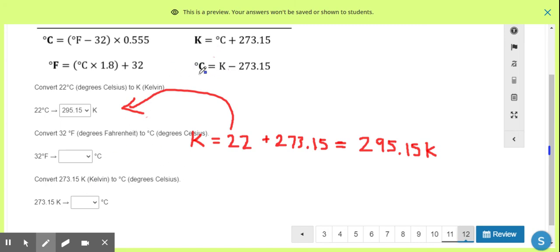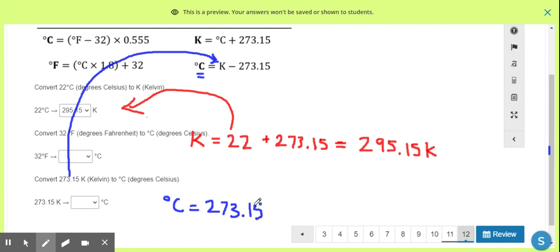So in this case, I want to get Celsius as an answer. All right. And I'm going to be plugging in this 273.15 Kelvin right here. So I'm going to take 273.15 degrees Celsius equals 273.15 minus, well, 273.15.